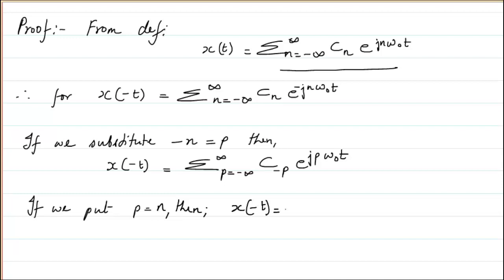I am going to get x of minus t equal to summation n equal to minus infinity to infinity, c of minus n e raised to power j n omega naught t. So you can see that the only thing that has happened is c of n has become c of minus n, hence proved.